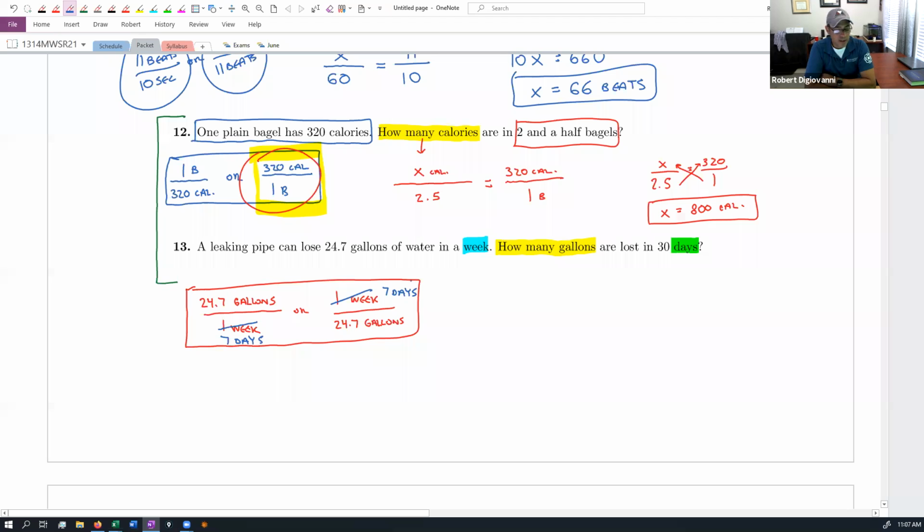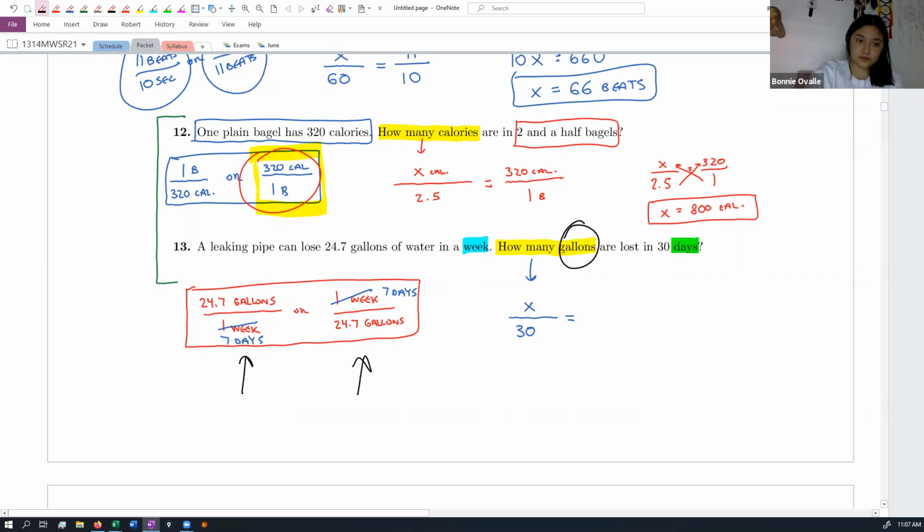And now everything is going to be with days. So how many gallons? We'll call that X over the 30 days must be equal to, okay, which one do we use? The left one or the right one here? Which of these two ratios are we going to use if we're trying to figure out how many gallons there are? Oh, the first one. First one, right?